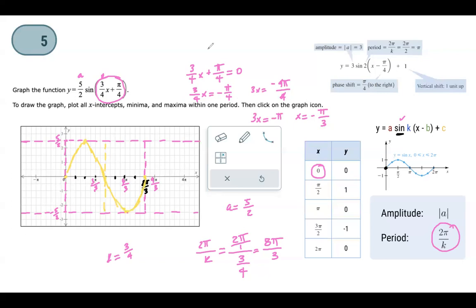But because we have the phase shift and it's minus pi over 3, so the phase shift is minus pi over 3, and an amplitude of 5/2. So the 5/2 is already taken care of, and we also covered that 2 rectangles is pi over 3.